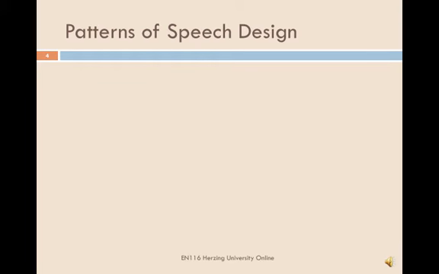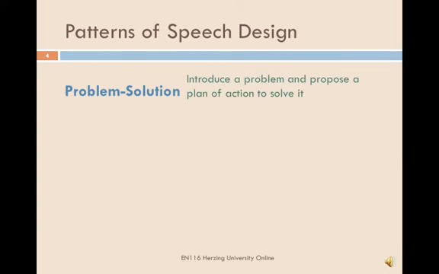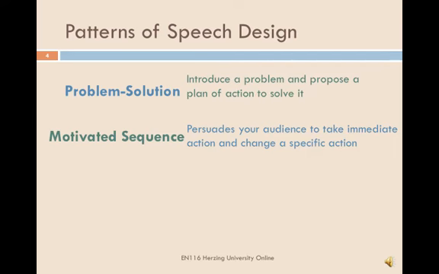The problem-solution design explains a problem and then tells your audience how to solve it. This works well for value speeches and policy speeches. The motivated sequence design, also called Monroe's motivated sequence, is a great design if you are trying to persuade your audience to change their specific behavior.